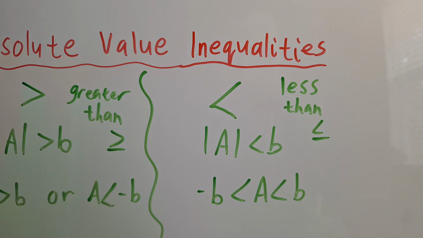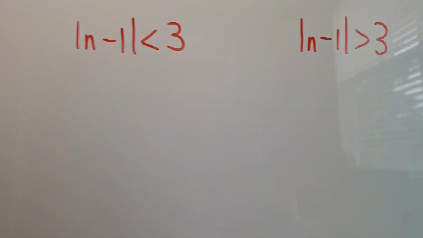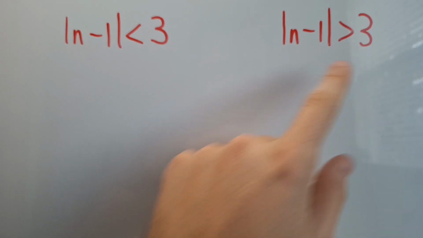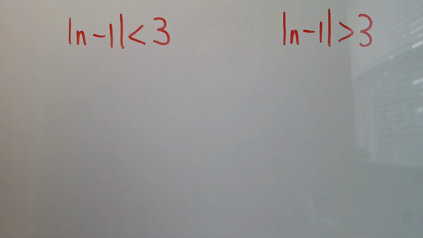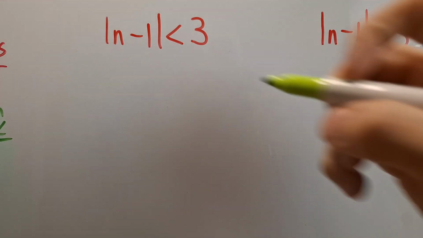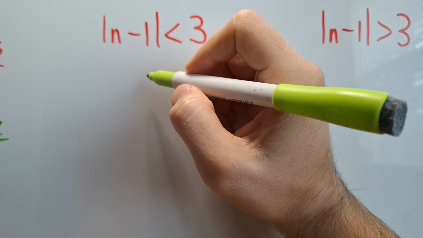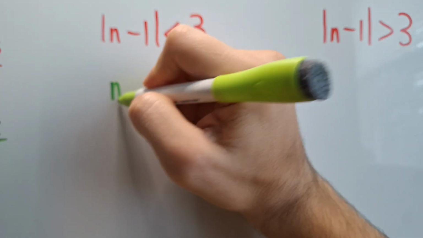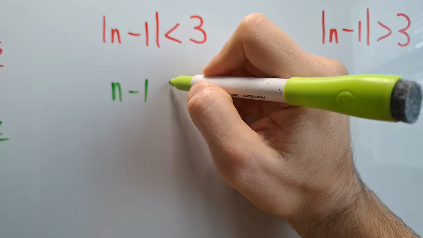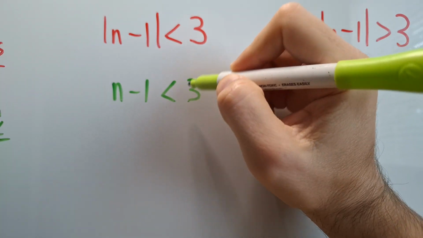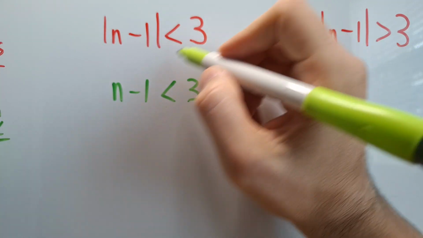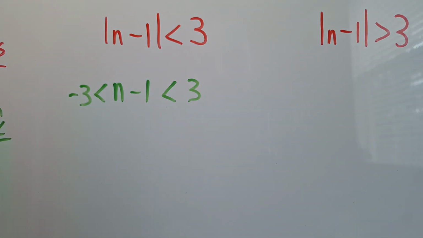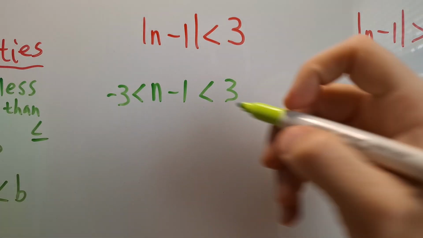Let's look at the same example, but with the two different inequality signs. We'll work with the less than option first here on the left. So remember, with less than, what we're going to do is we're going to set it in between the positive and the negative of whatever number this is, and then solve it as one inequality.